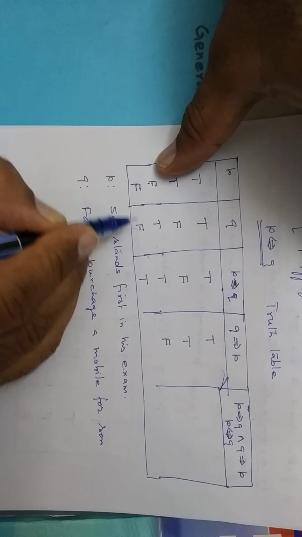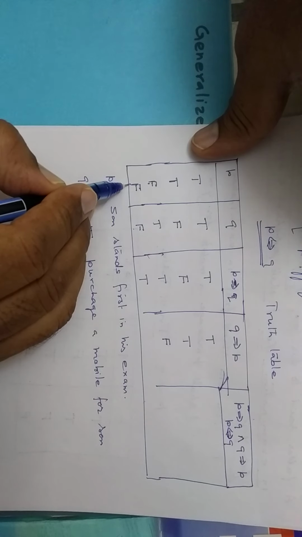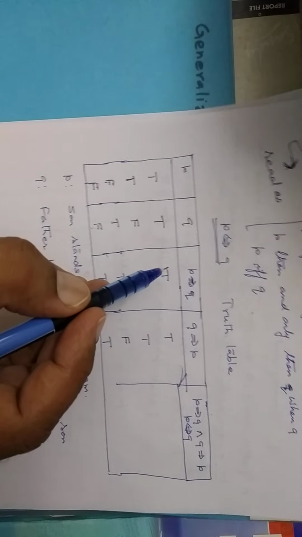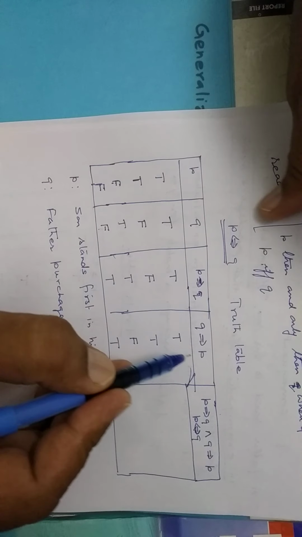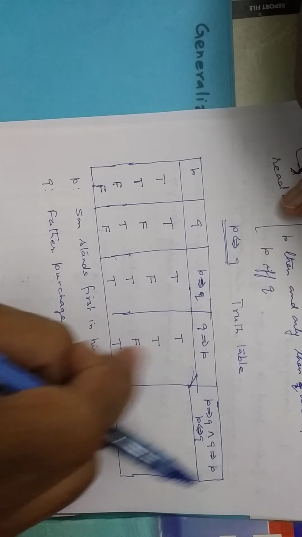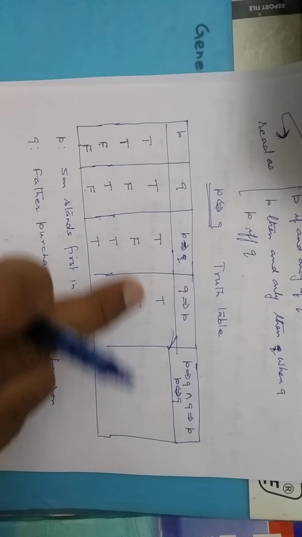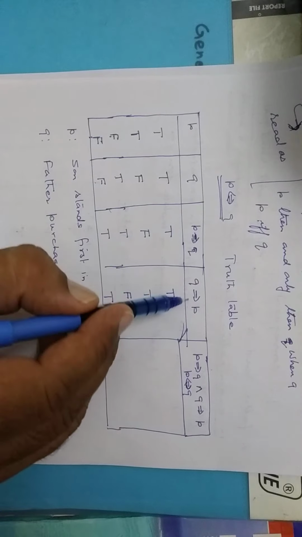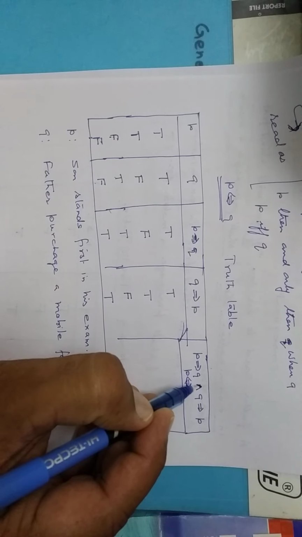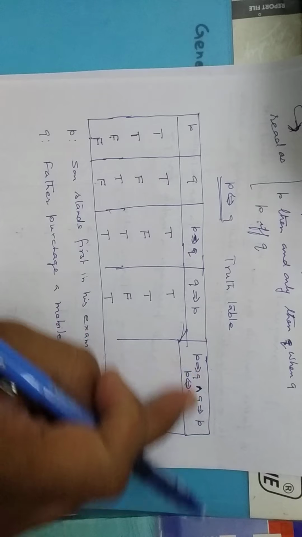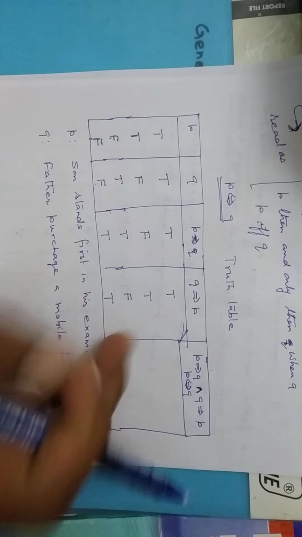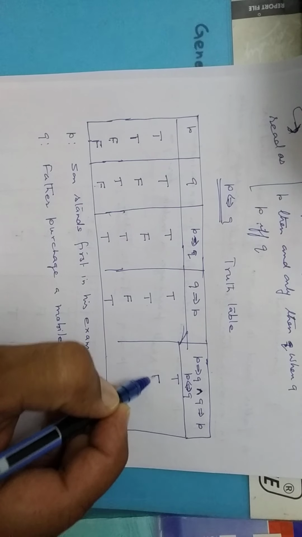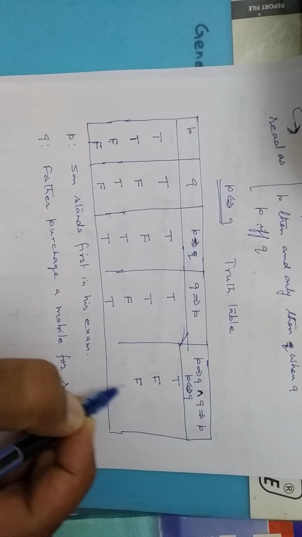If both P and Q are false, both implications are true. P's truth values are these. And if we operate on both truth values by the AND operation, the result will be true only if both of these are true. So first both are true, this is false, this is false, and this is true.